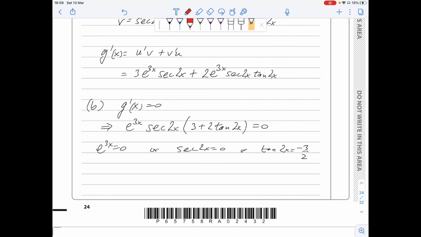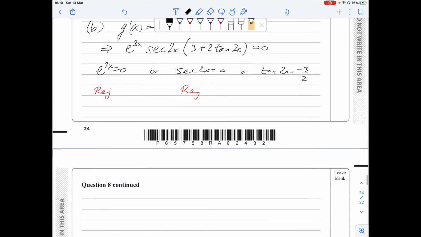Now, an exponential function can never be 0, so I'm going to reject the first one. Sec is the reciprocal of cos 2x, so it can never be equal to 0, so I'm going to reject that too. So I only have one option, and that is tan 2x = -3/2.